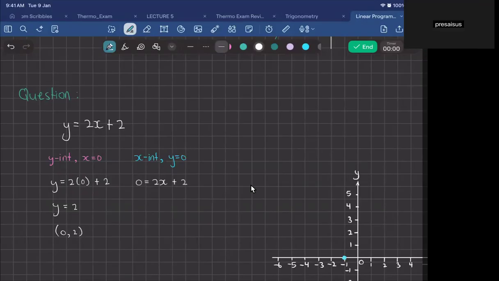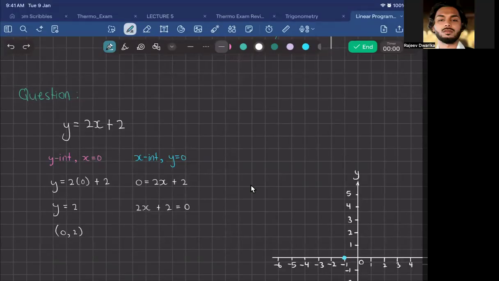So we're going to move that 2 across to 0. Okay, we'll put 2x plus 2 equals 0. Then move across the 2, which will be minus 2. Why do you want to move across the 2?